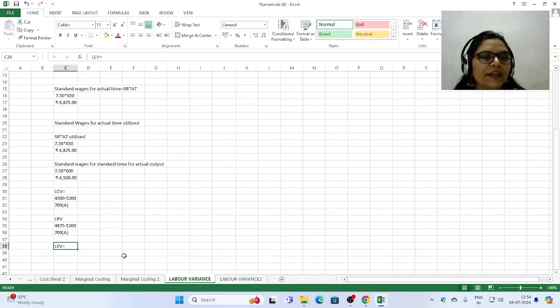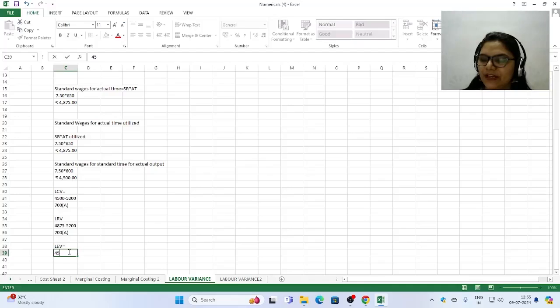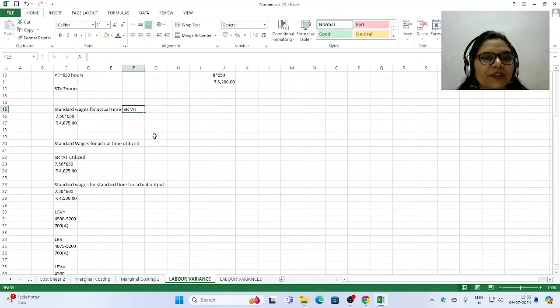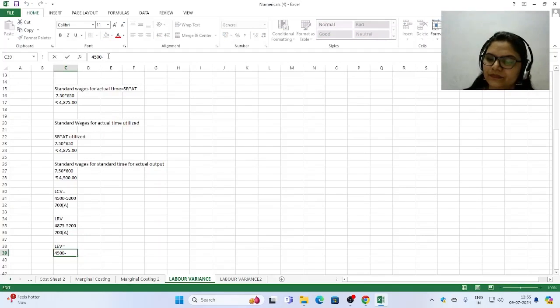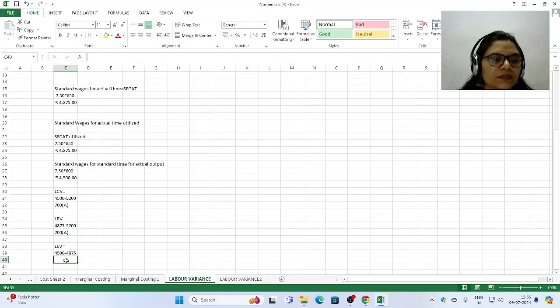So standard rate into standard time we have calculated as 4500, minus standard rate into actual time, which is 4875. This gives 375 adverse.